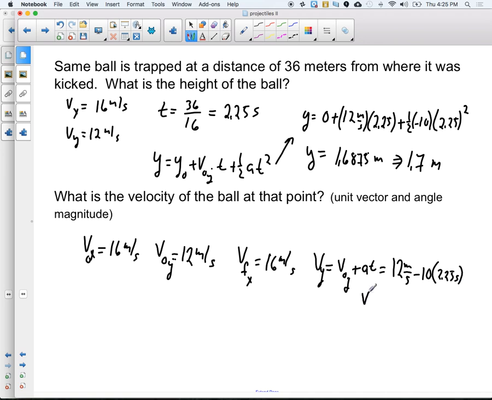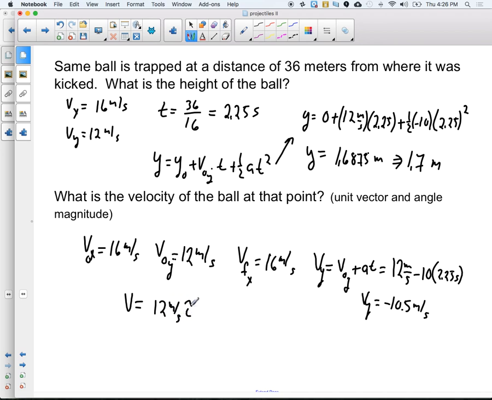That gives me a Vy of minus 10.5 meters per second.